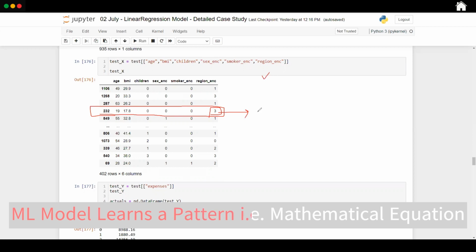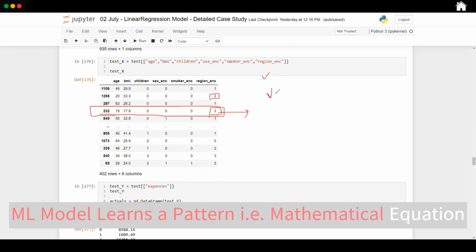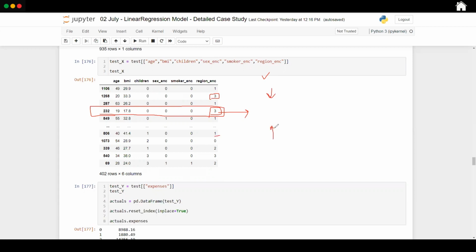So what the model learns is, whenever there was a region 3, the insurance premium was always less. But whenever the region was 1, the insurance was high. So the model knows whenever the value is 1, it has to be high, and whenever it is 3, it has to be low. That's why it is giving you negative values. Let's say negative 2. Now negative 2 is your weight associated to this.